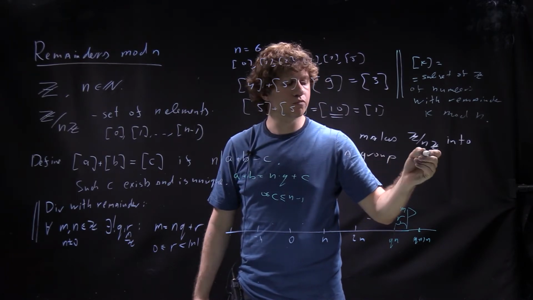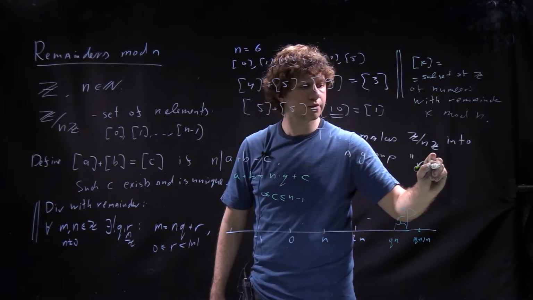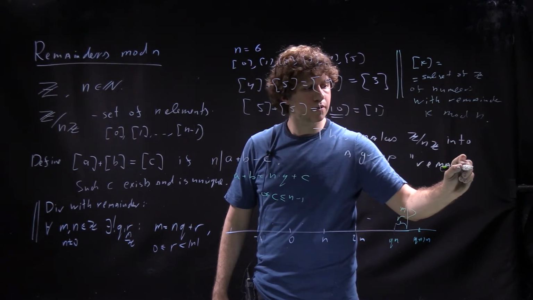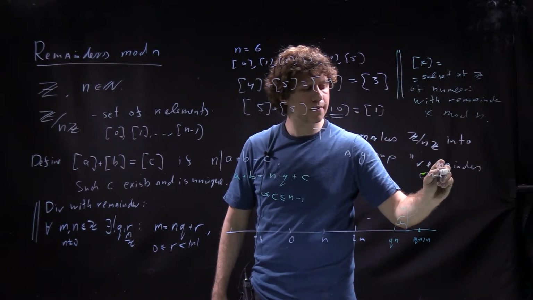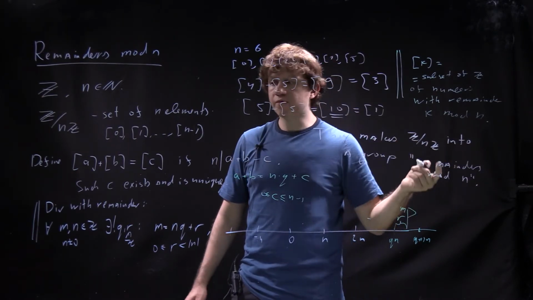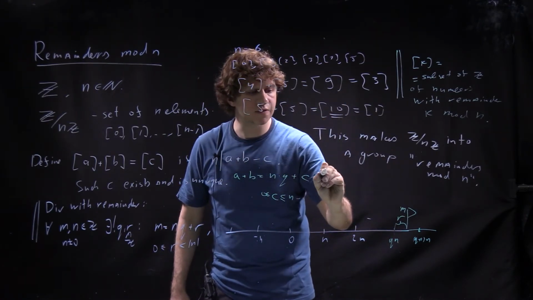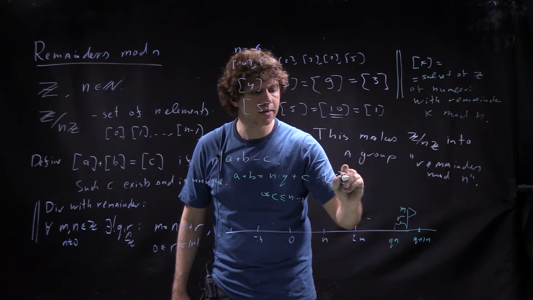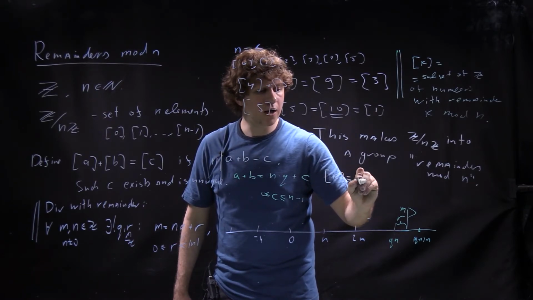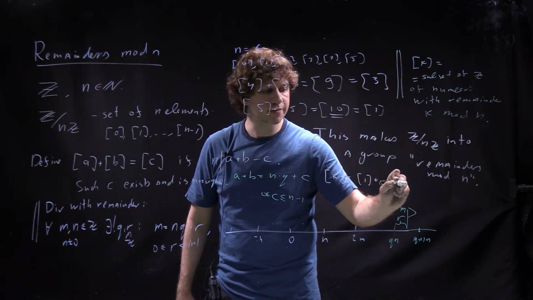and this group might be called remainders mod n. And of course this group is cyclic because the class of k, one can easily see, is 1 plus 1 plus 1, k times.